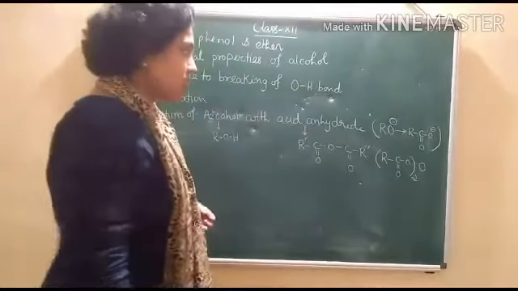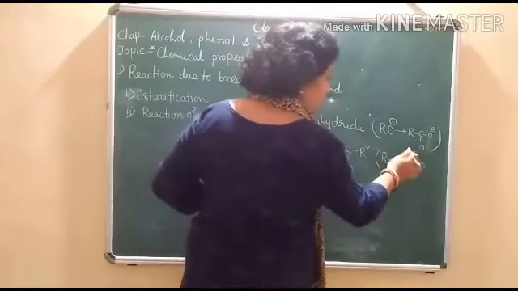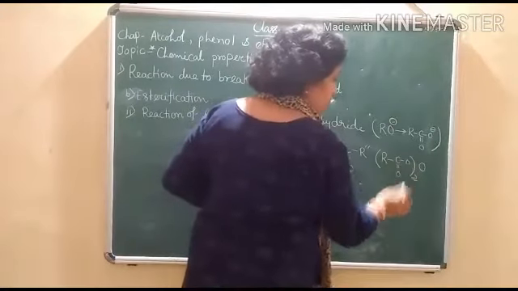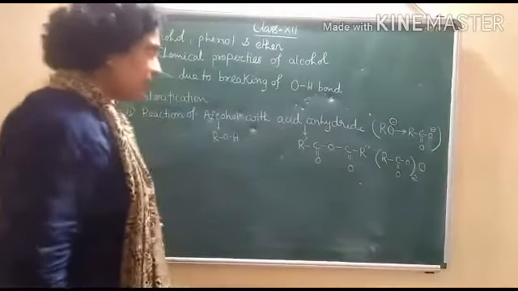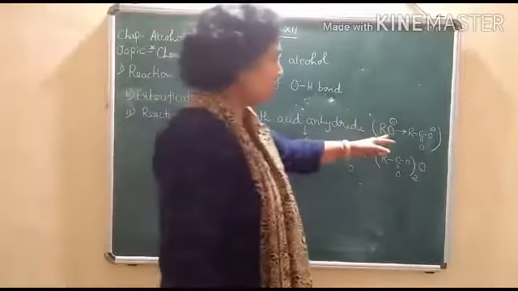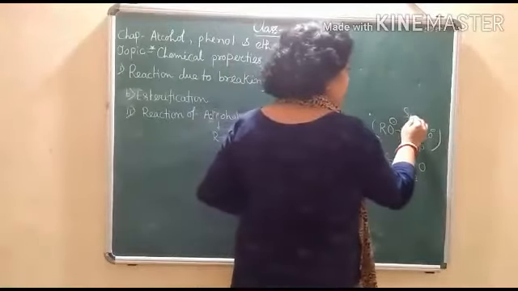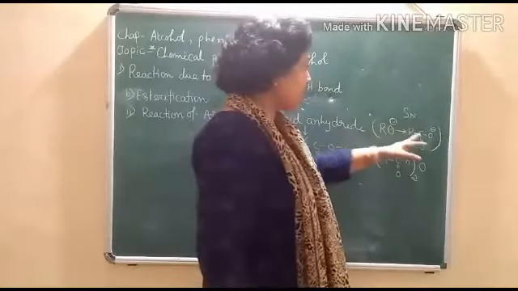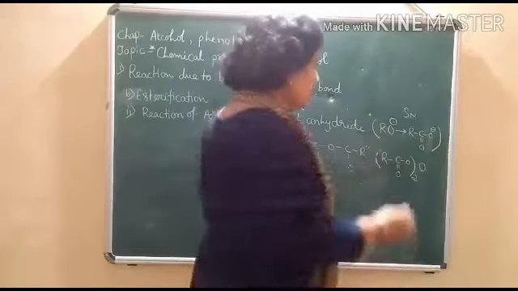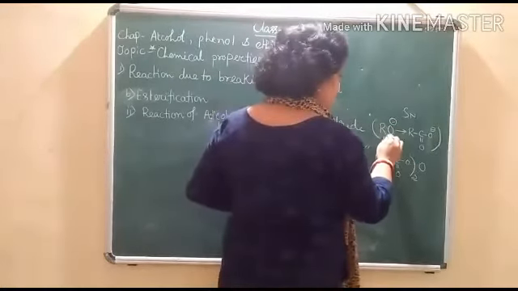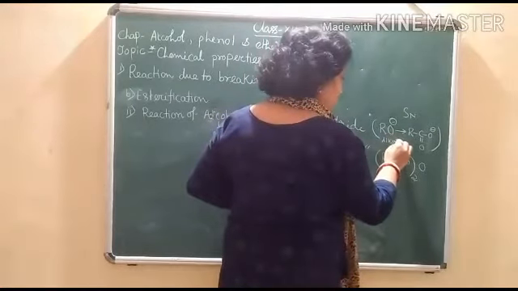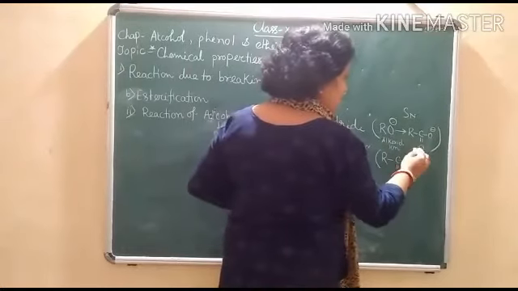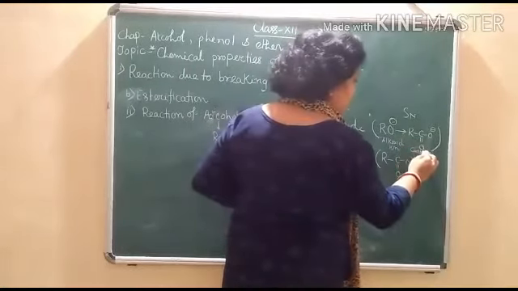So oxygen is bonded with two carboxylate groups, and here also it is nucleophilic substitution, with both being nucleophiles. So this is the alkoxide ion.